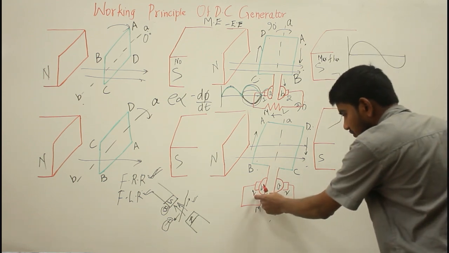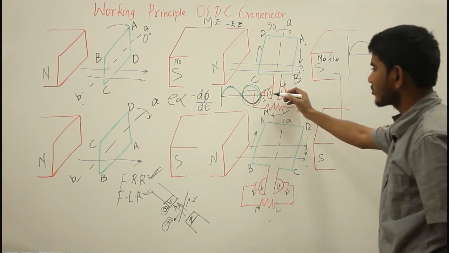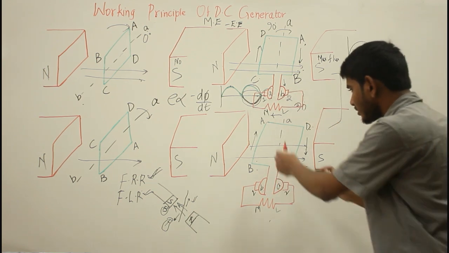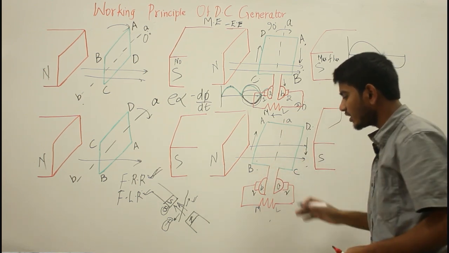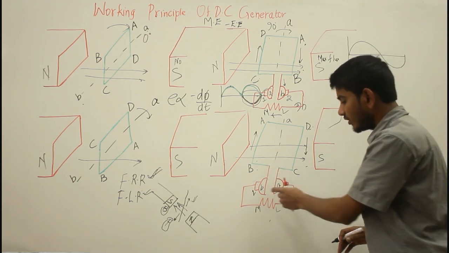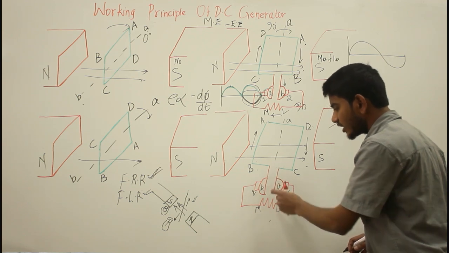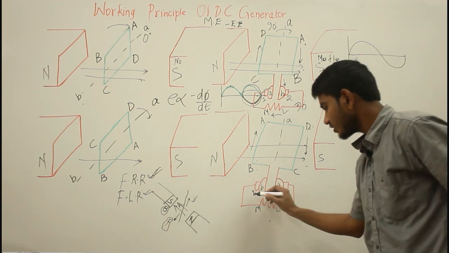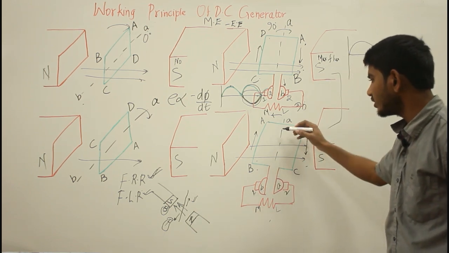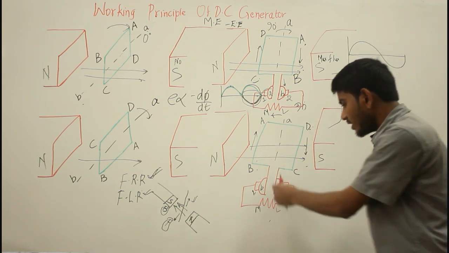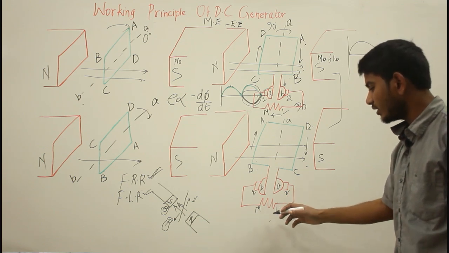So brush 1 is attached to commutator segment B here, whereas there brush 1 is attached to commutator segment A. As the current is reversed, we are reversing the terminals of the armature with respect to the external circuit by changing the commutator segments with the brushes. The brushes are stationary, and only the commutator segments revolve along with the armature turn. So these commutator segments reverse the armature terminals with respect to the load circuit.